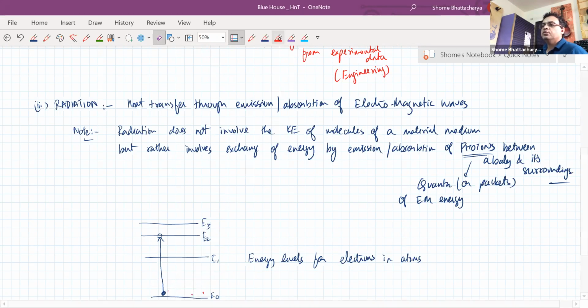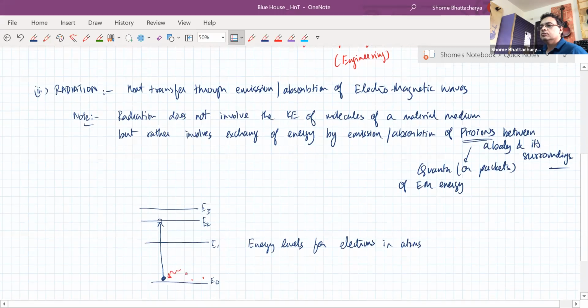So this is an example of absorption of a photon for an electron to transition from a lower state to a higher state.